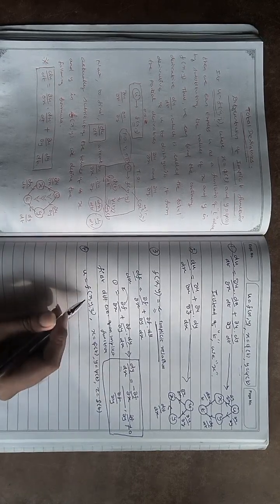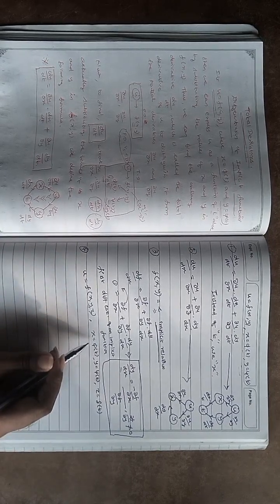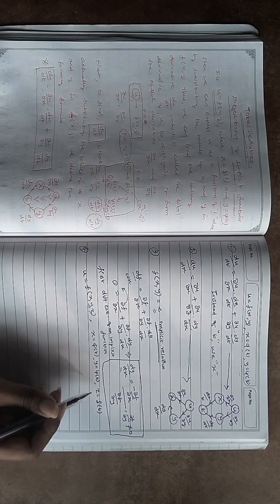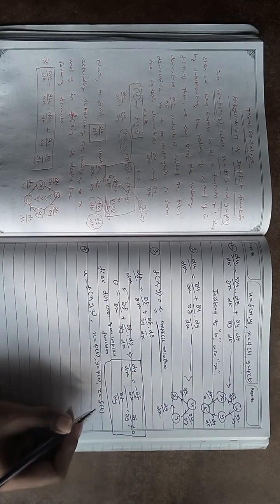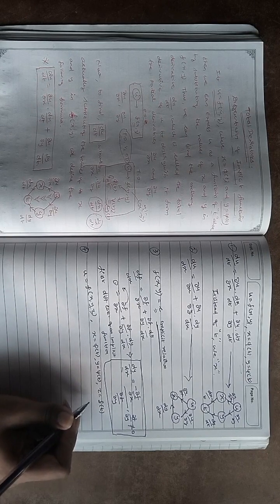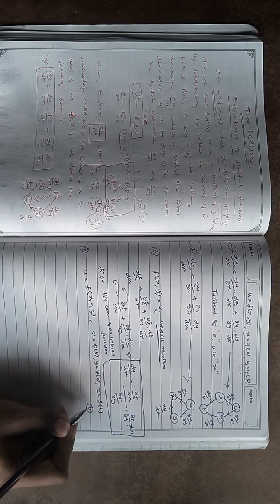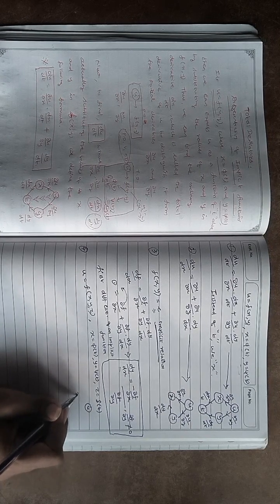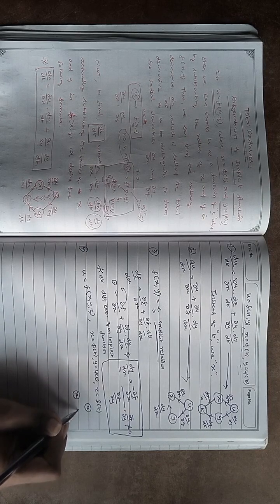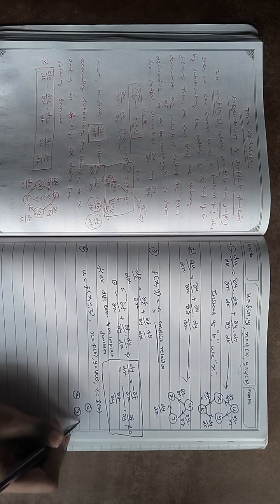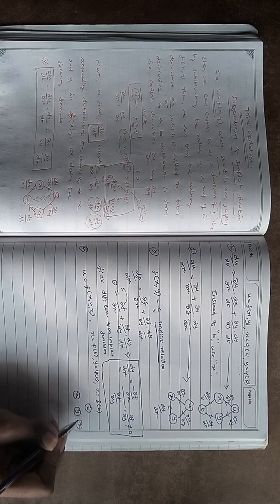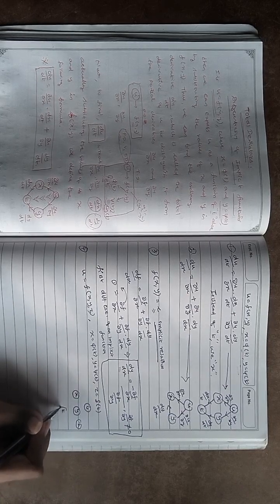If u is a function of x, y, z, and x, y, z are all functions of t, then the diagram will be like this. Here we are having u, which is a function of three variables x, y and z, and everything is a function of t.